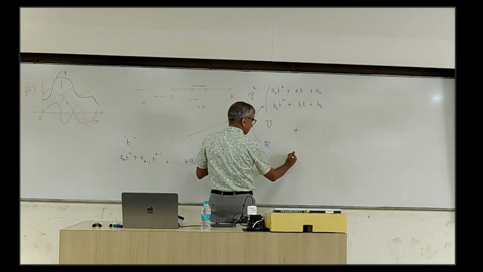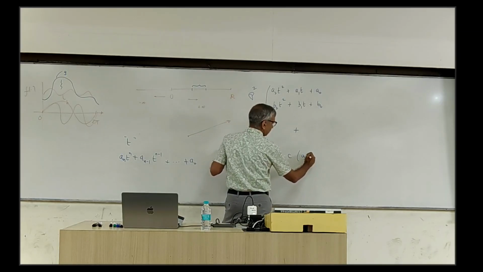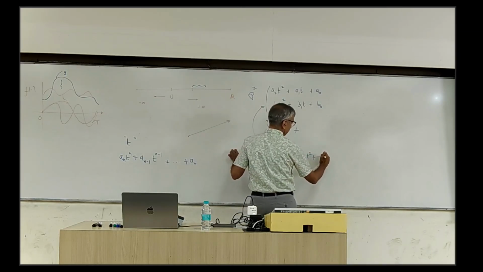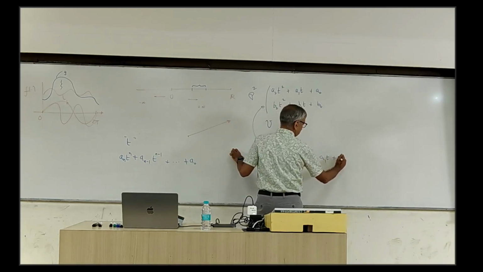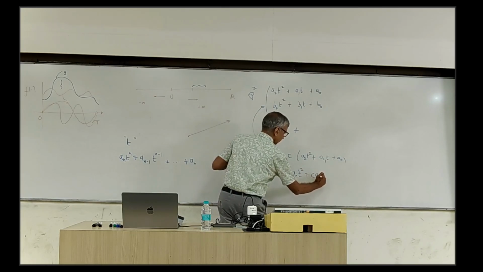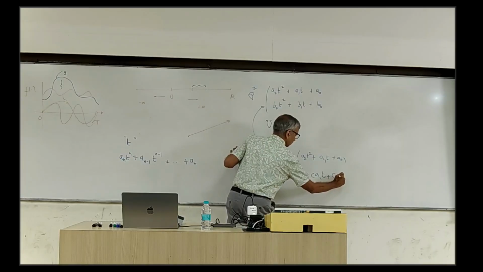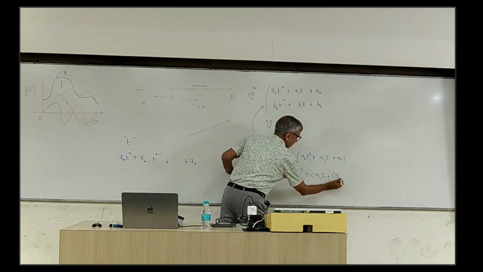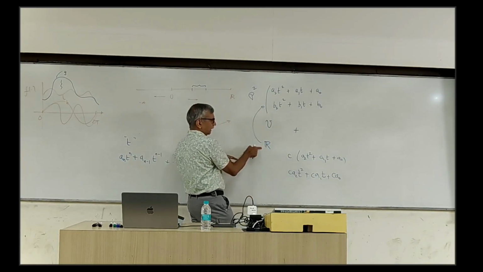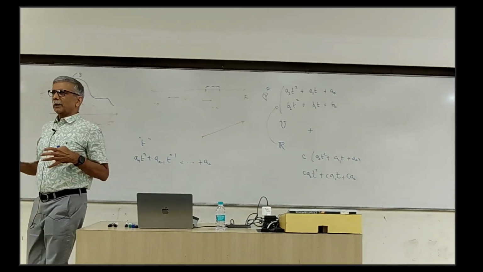A simple example is if c is a scalar and I took c times (a2 t squared plus a1 t plus a0), then this is a new polynomial of this form. So there is an association of this scalar with this polynomial together. Let's not worry beyond that.